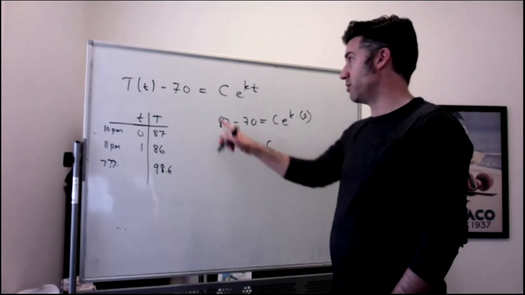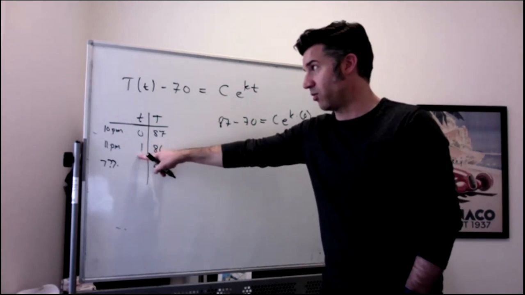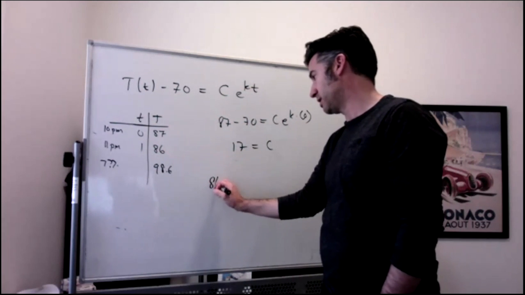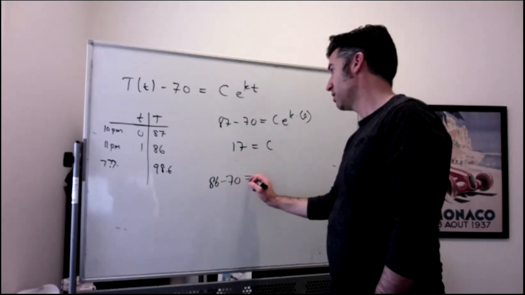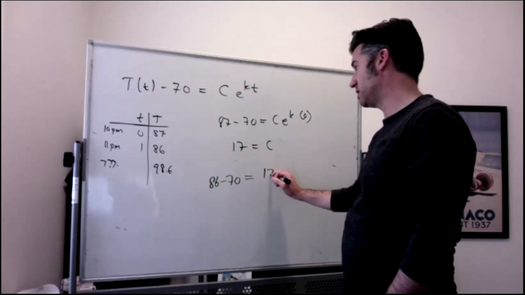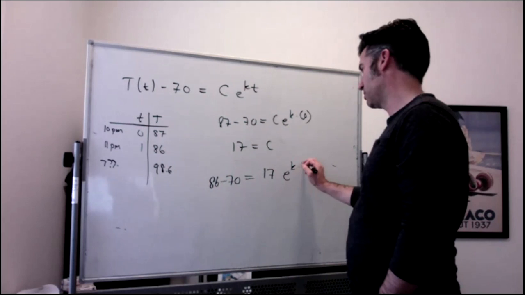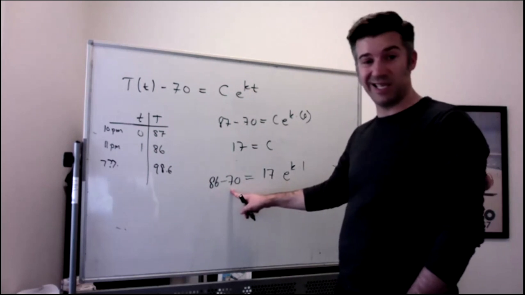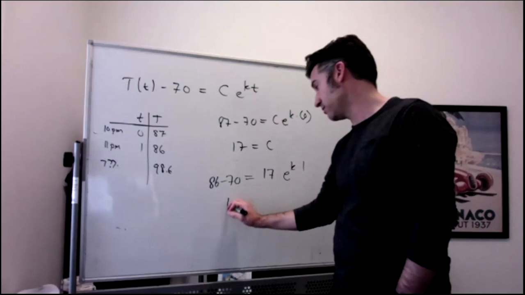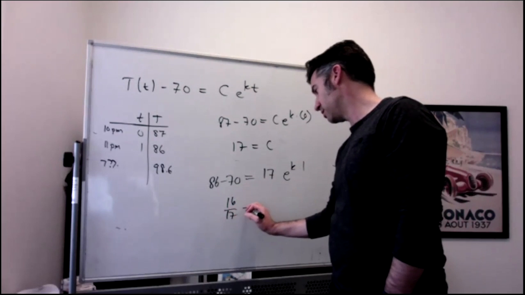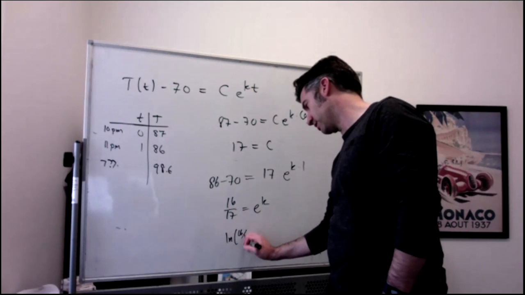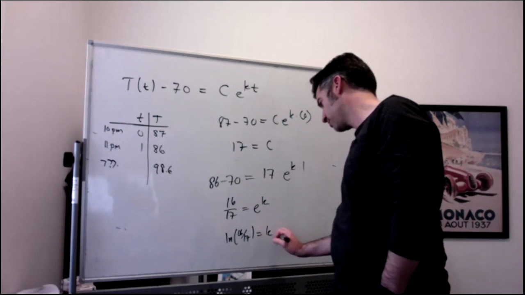And then the other thing, we're going to plug in time equal to 1 hour and temperature equal to 86 degrees. So then 86 degrees minus 70 equals 17, which is c, e to the k times 1. And now I can solve for k. 86 minus 70 is 16. 16 divided by 17 equals e to the k. So natural log of 16 over 17 equals k.